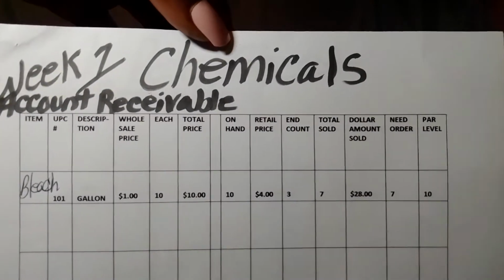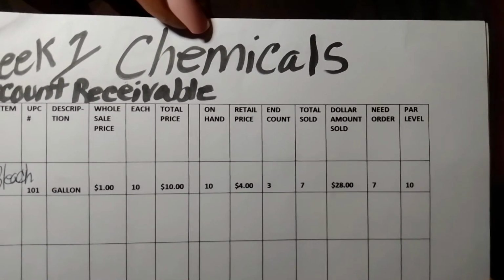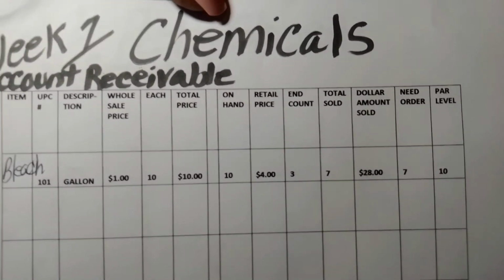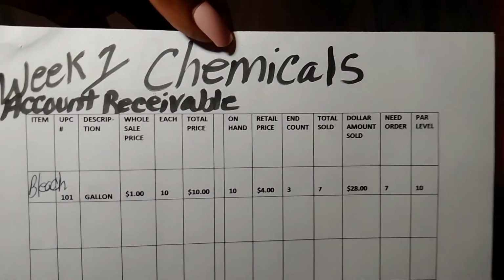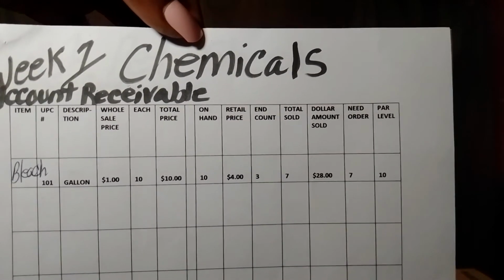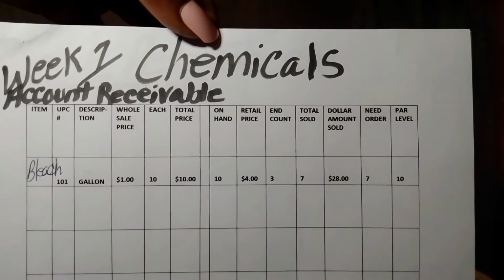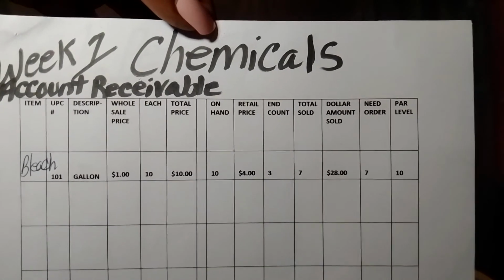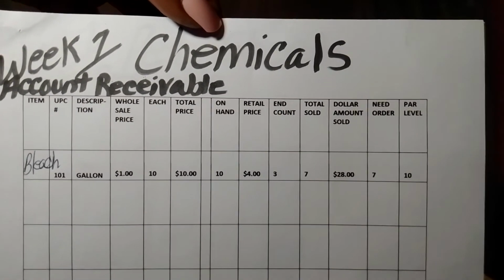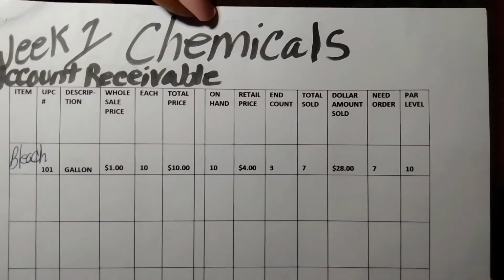Okay? Then the next one is bleach. Okay? You started off with 10 on hand. Your retail price is $4. Remember, we bought the bleach for $1, but we sell them for $4.